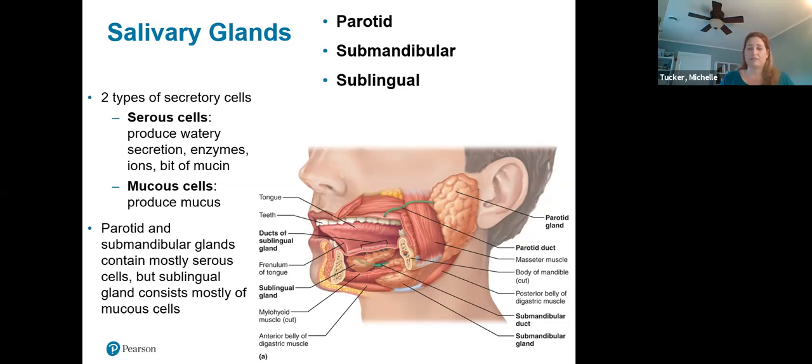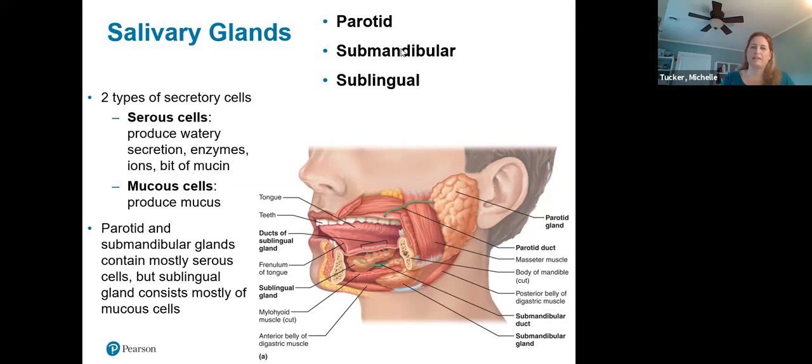Then the next largest would be the submandibular. So it's located here, kind of underneath the grooves of the mandible. And then we have the sublingual underneath the tongue, which actually has the most glands. It's got a lot of glands that kind of poke up underneath the tongue. All three of these groups of salivary glands are made up of serous cells and mucus cells.